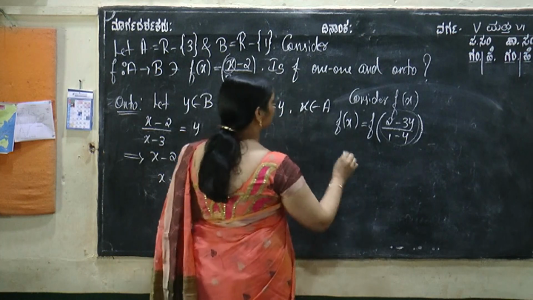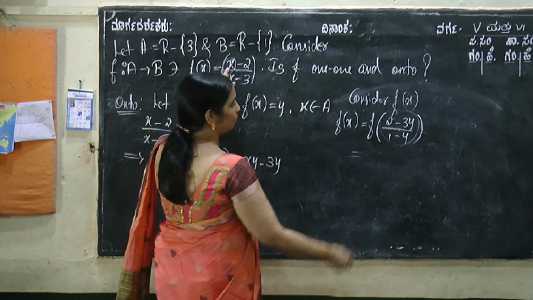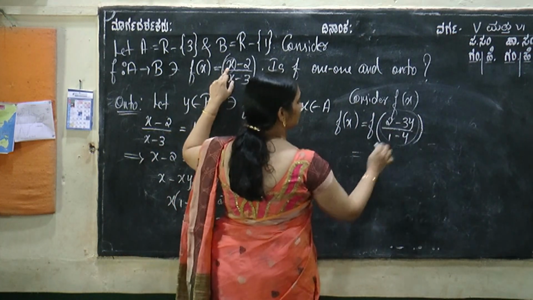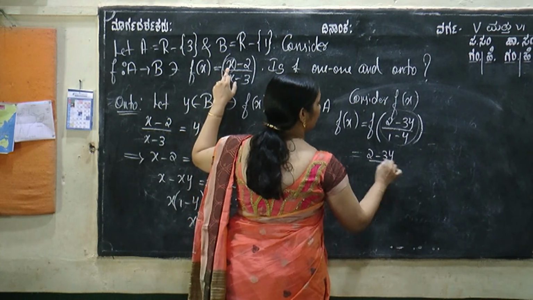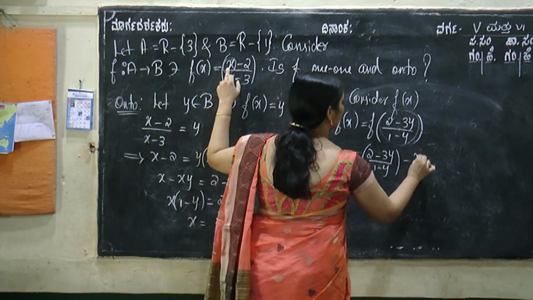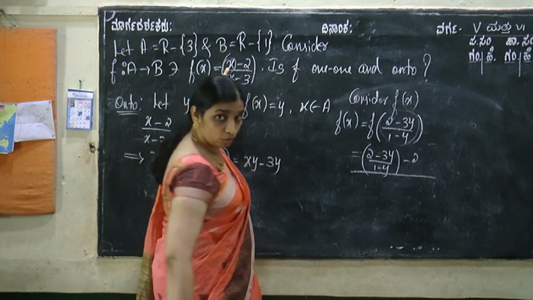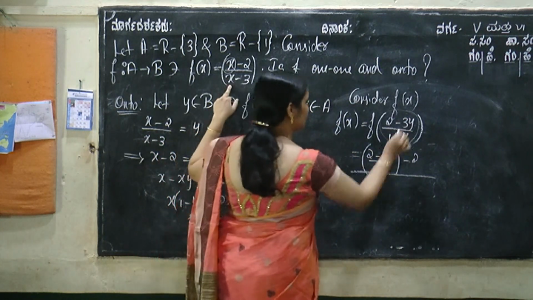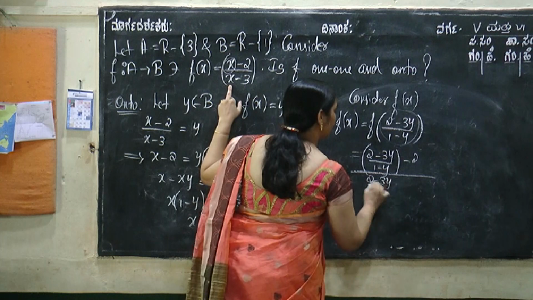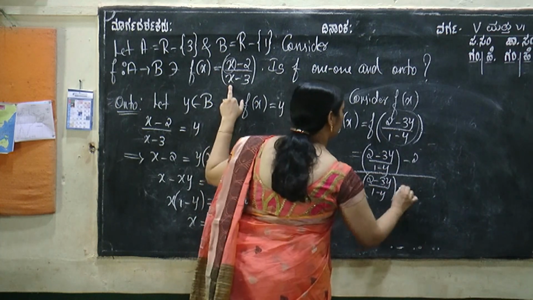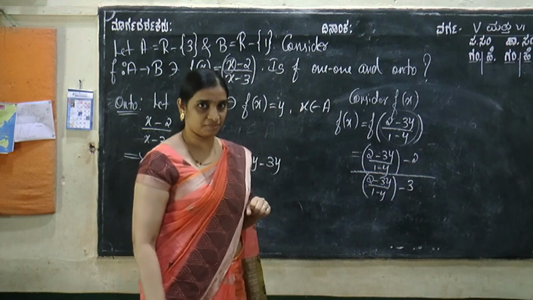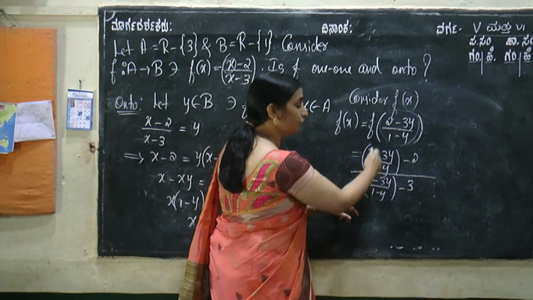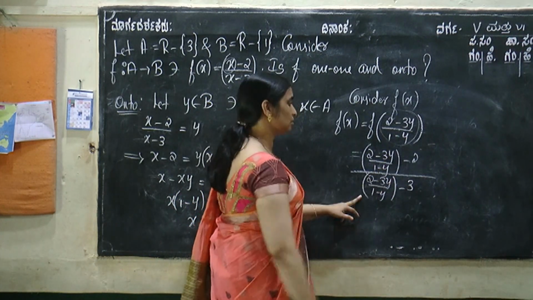So that is x minus 2, but x is this thing, 2 minus 3y divided by 1 minus y minus 2, whole divided by, again 2 minus 3y divided by 1 minus y minus 3. So what happens now? We have to take the LCM and simplify.